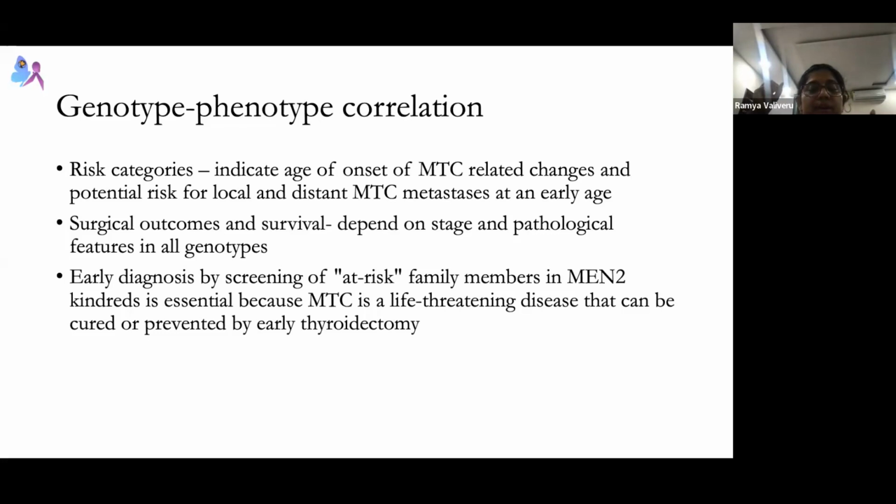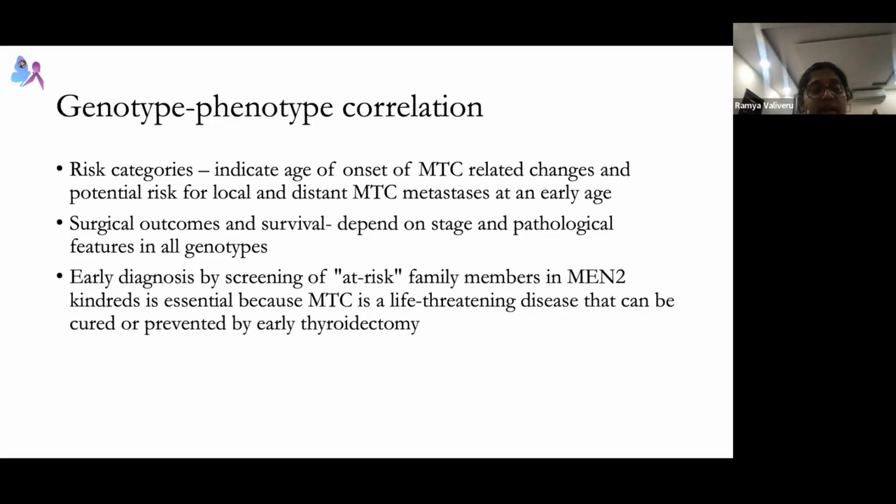So if you group together sporadic MTCs of a particular stage, then the prognosis is going to depend only upon the stage, but not the risk category. The risk category is only to indicate at what age the disease is going to start.